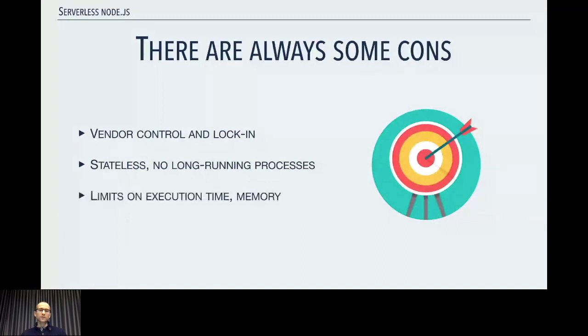There are various limits on execution time, on memory, and this is a very important thing to be aware of. I will be presenting you some limits of AWS Lambda. And with such limits, it might not be possible to achieve every kind of solution we would like to implement. So we need to know them.